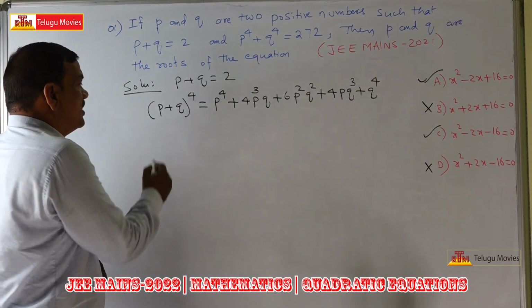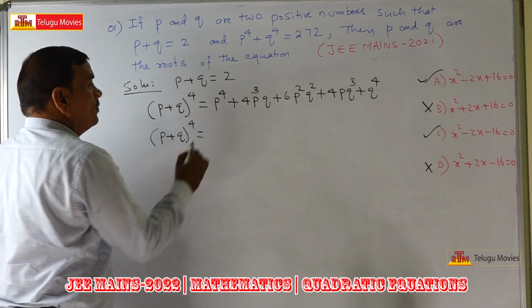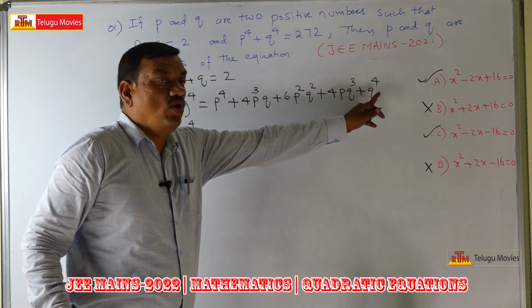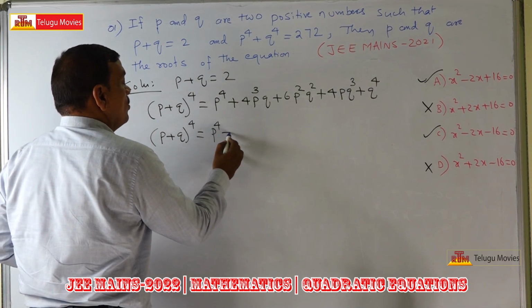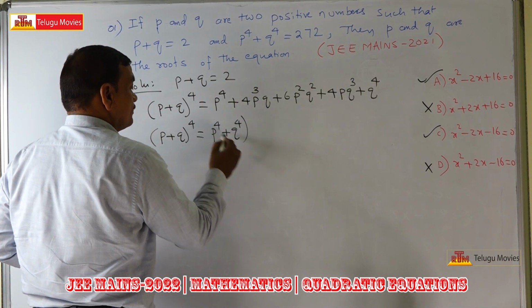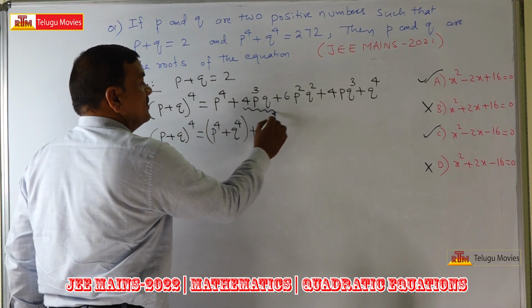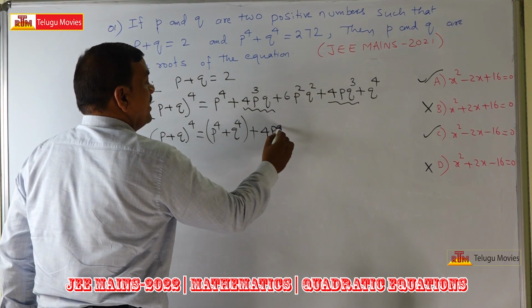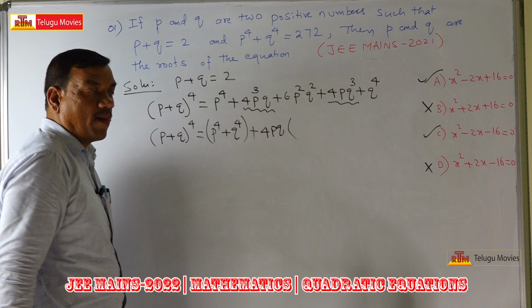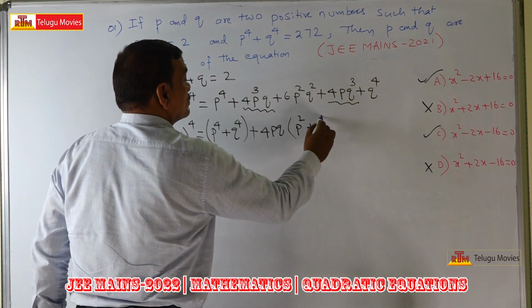I will rearrange the terms. P plus Q whole power 4 is equal to P power 4 plus Q power 4 plus, in this value, from this and from this, I can take 4PQ as common. Here it becomes P square, here it becomes Q square.